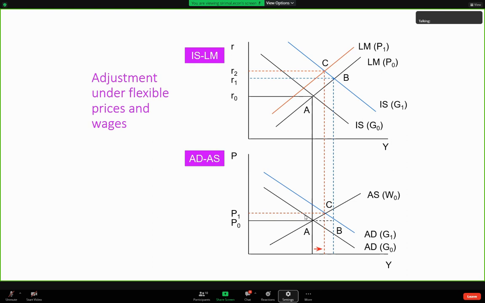There will be temporary effects that you can see, but in the long run, they will get adjusted.